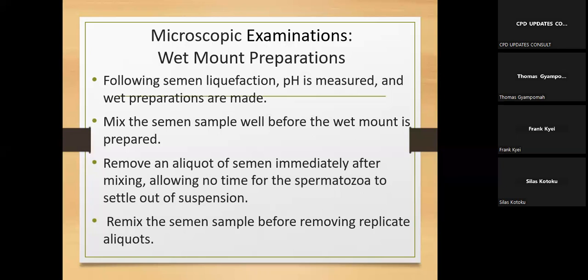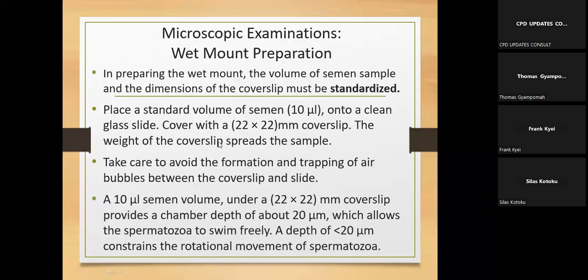Here it is the height that is going to give you the depth that we want. So if the cover slip is 22 by 22, that is the area, times the height, the h, the depth, will give you 10.